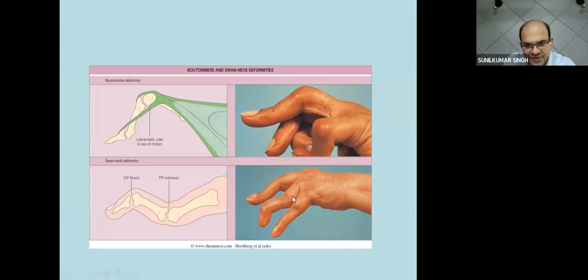At the PIP joint, there is actually an extension that has happened, and then there is a flexion at the DIP joint. So that's a difference. Both, remember, result from the extensor mechanism being overactive, because the cartilage elements and the tendon that gets ruptured lead to an imbalance between the forces, and that gives rise to the deformities.